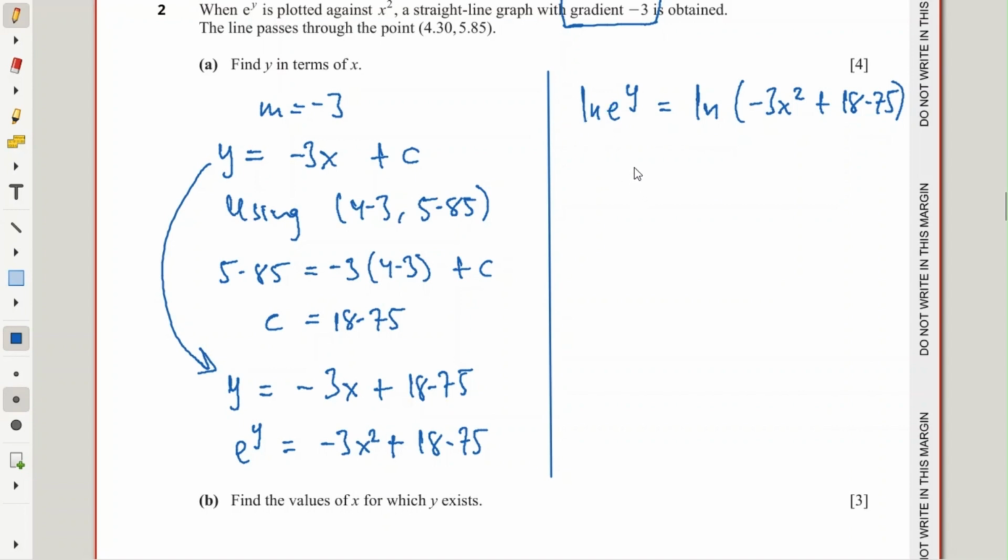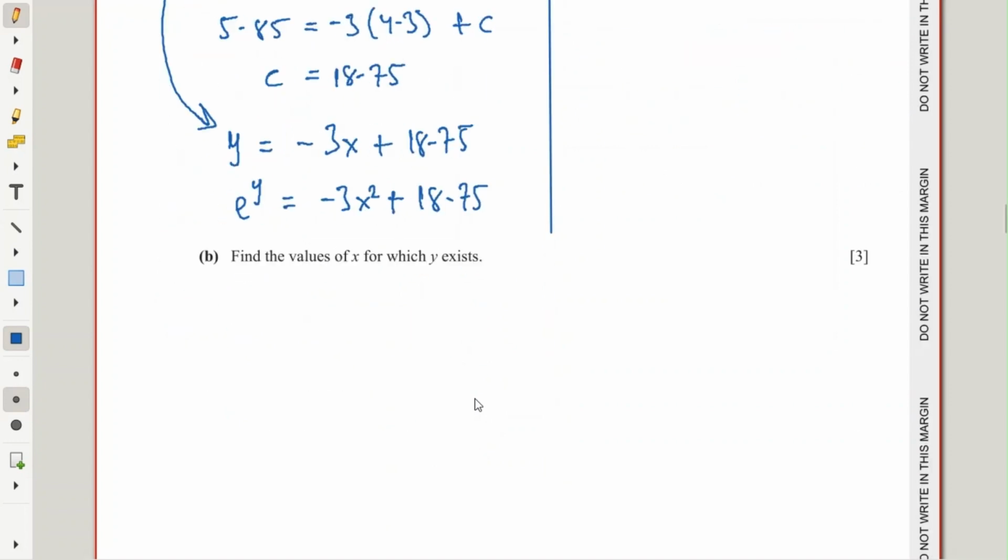So I'm going to be left with what? y. All right. So I've expressed y in terms of x. Now there's a follow-up. Find the values of x for which y exists.